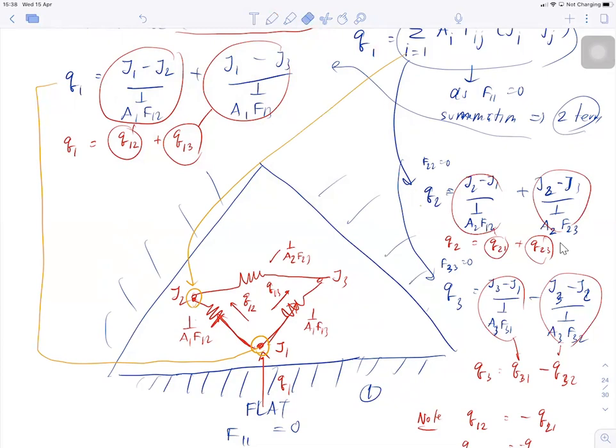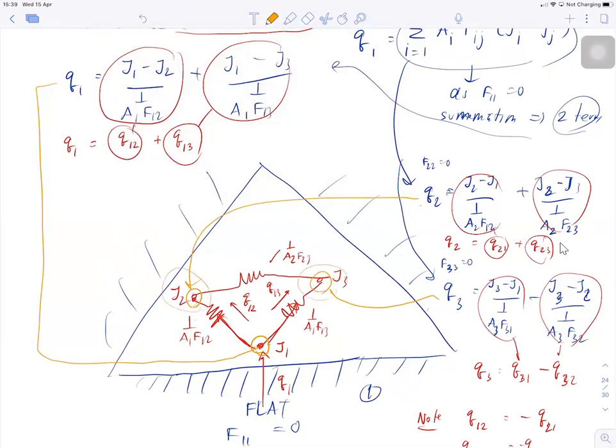No, wrong. I'm sorry about that. Here, okay. And Q3 is going to be nodal analysis on the J3. Okay. So, seeing this, take a look.